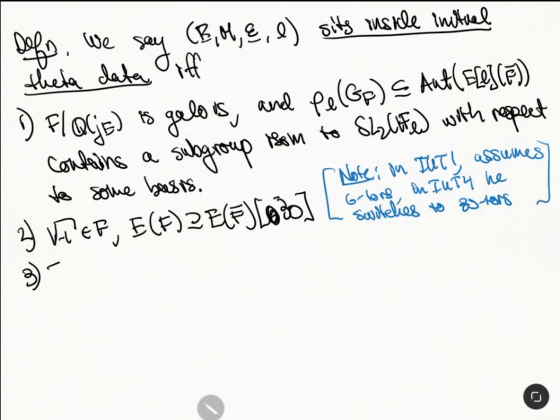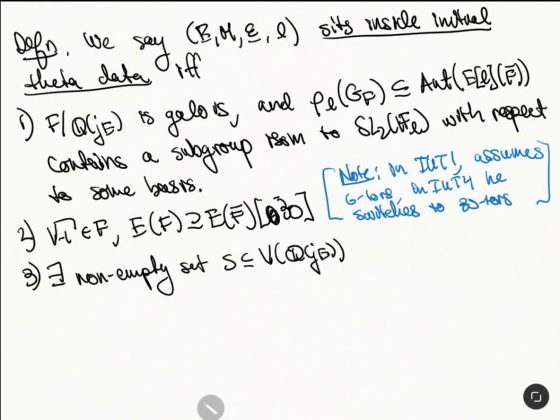Okay, so there exists a non-empty set S, subset of V of Q bar, of bad non-Archimedean places for the curve E over Q bar.